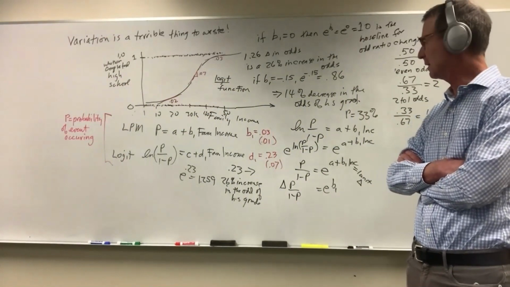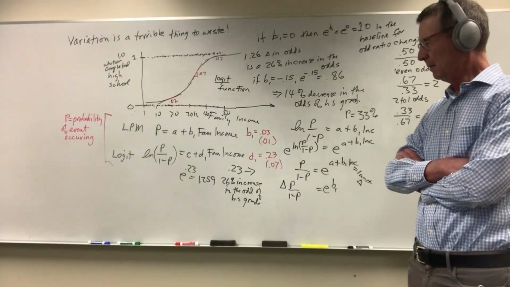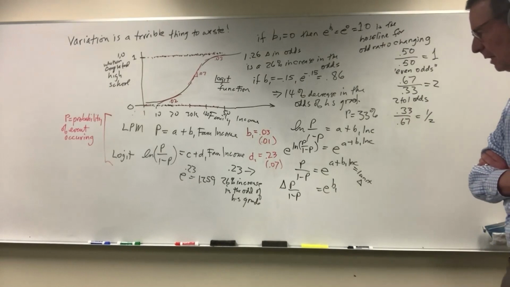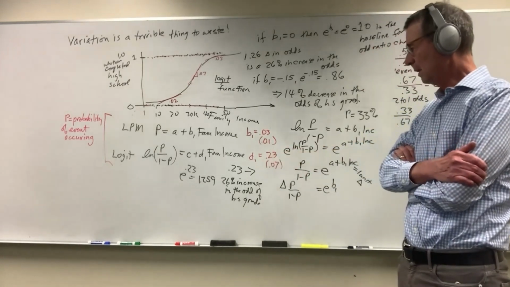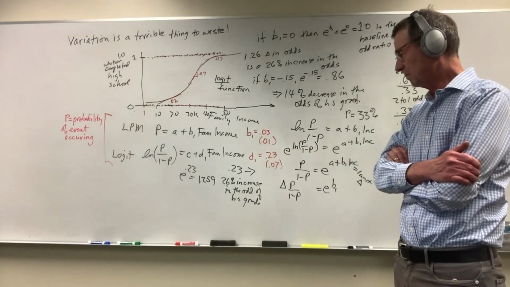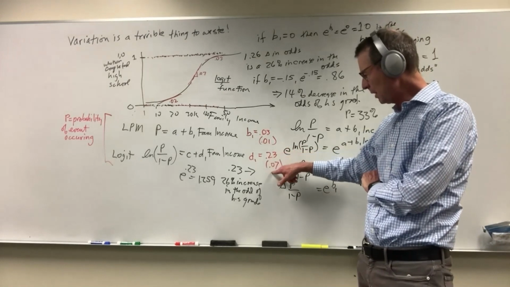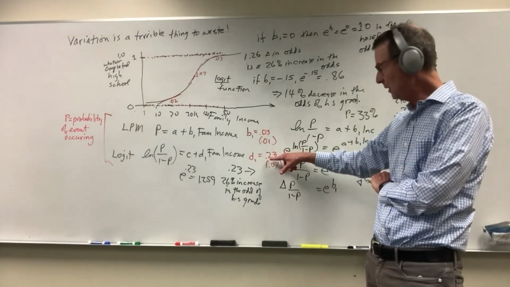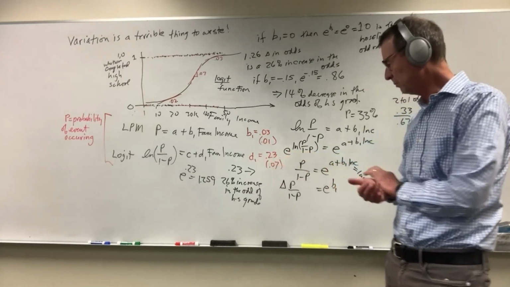So if someone insists, you can present logistic regression results in several ways. You can do what I did, 0.23, and then it's log odds. You can present coefficients and standard errors that are exponentiated. You can take e to the 0.23, and Stata will do this, and e to the 0.07.